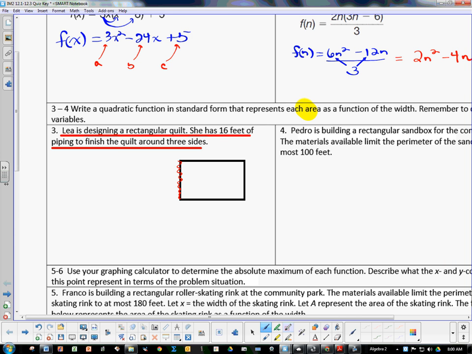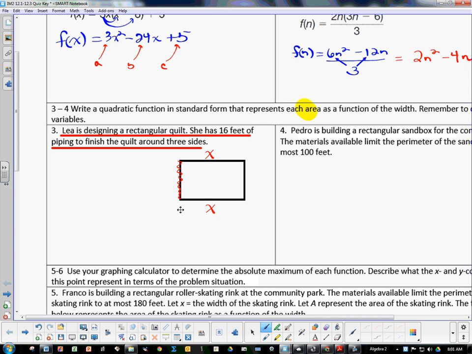Now, if I give, how about the width? We'll represent that with x. We know that if I add this side together, and this side together, well, how much piping are we dealing with? 16 feet. So if I add these all up, it has to equal 16, right? Okay.